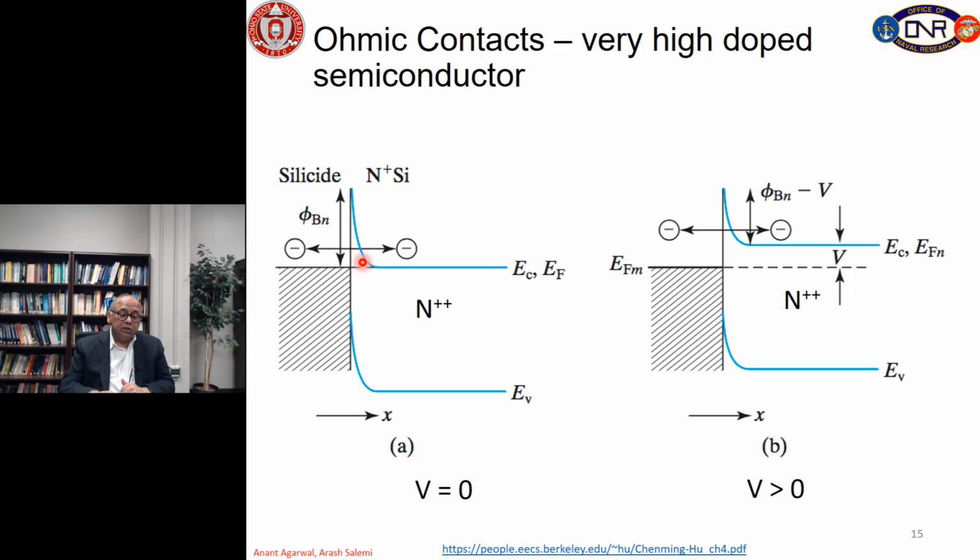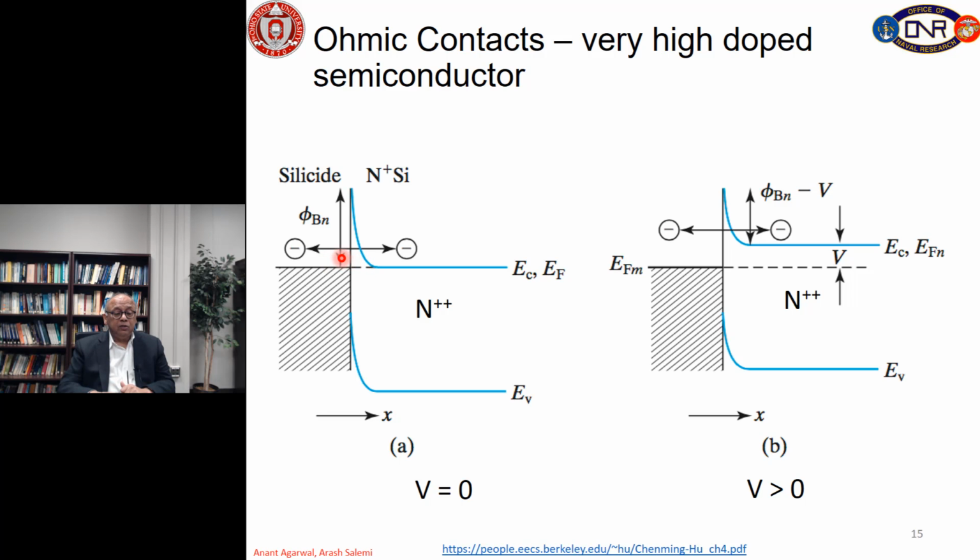So, when that happens, you can see that the depletion width in equilibrium due to the barrier height phi Bn, which is set up, is very small, because a small amount of depletion will give you a large amount of positive charge, which is needed to counterbalance this barrier height.